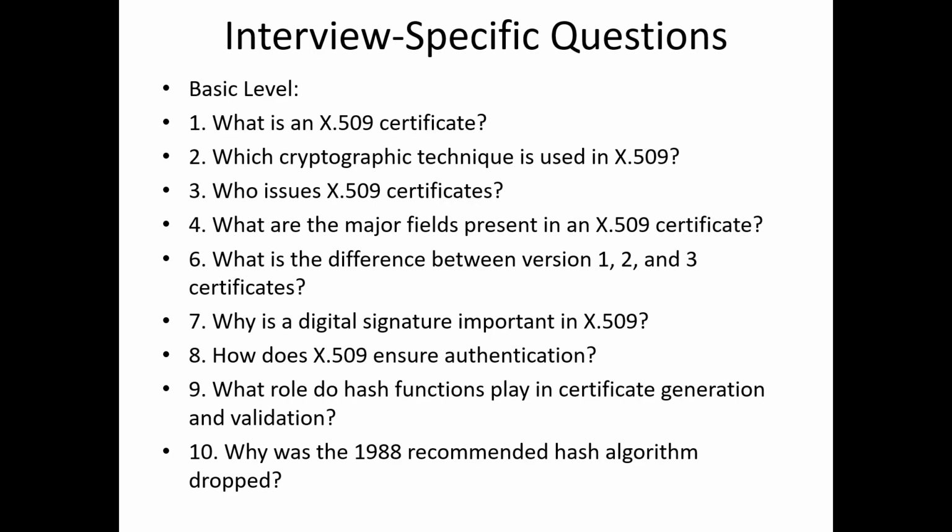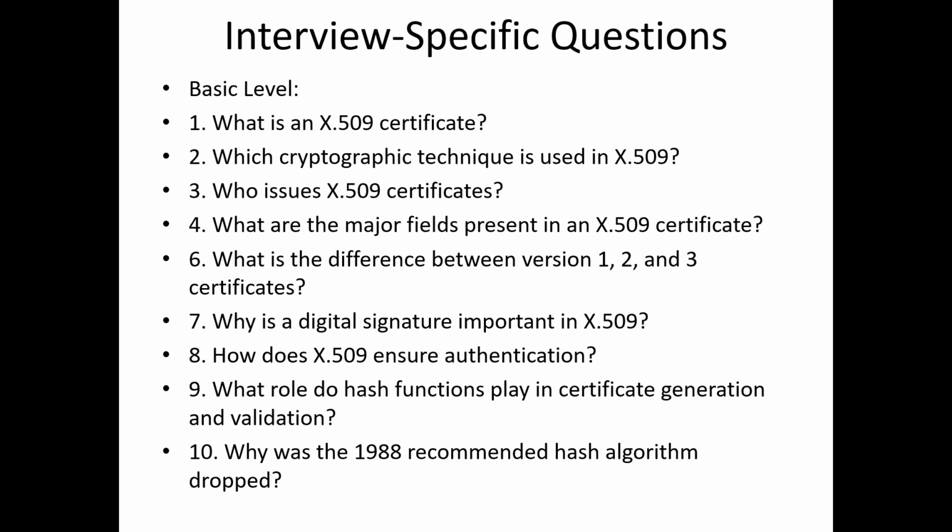It does so through the CA public key. What role do hash functions play in certificate generation and validation? A hash function creates a fixed size hash value of the certificate contents, which the CA signs. During validation, the same hash function is used to ensure the content has not been altered.